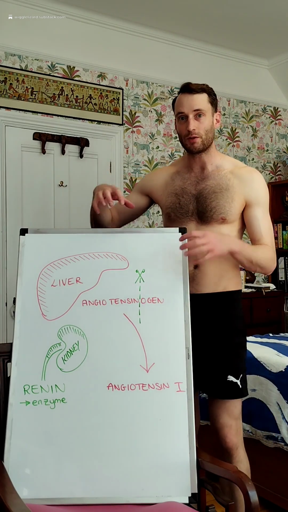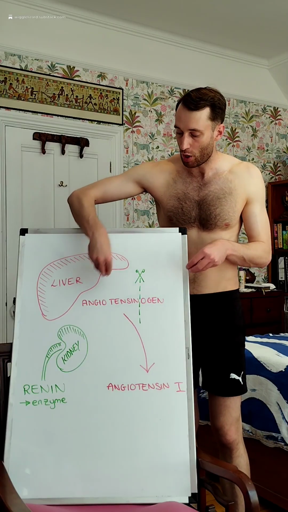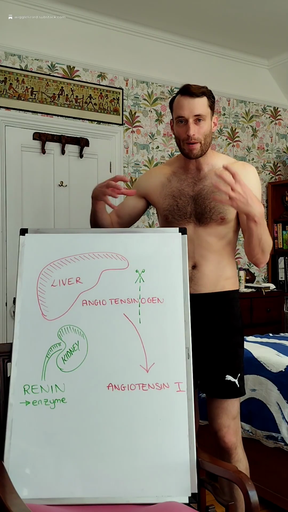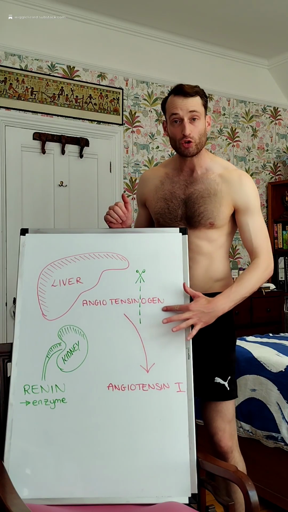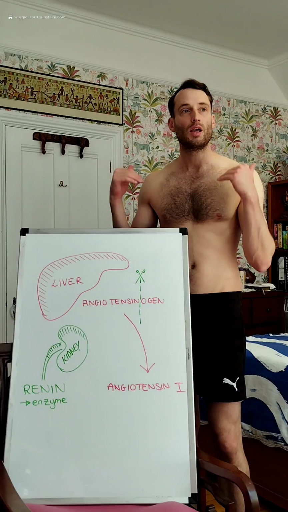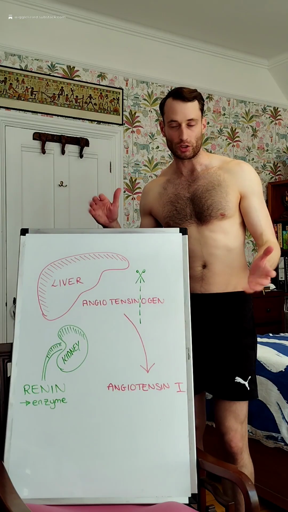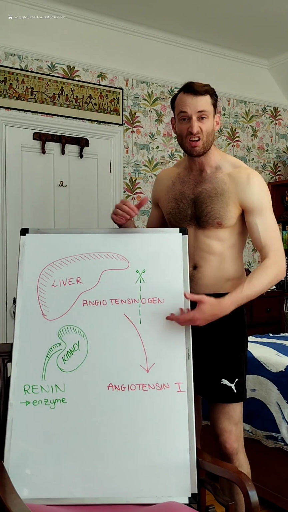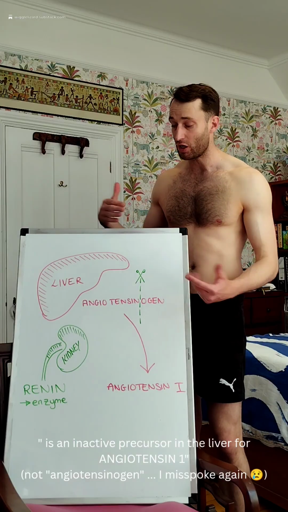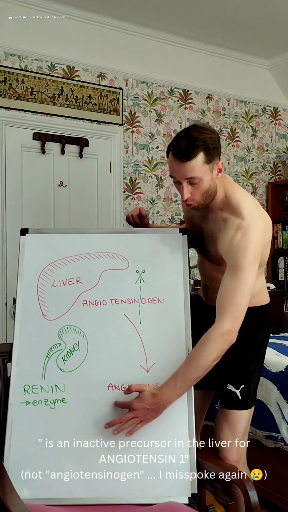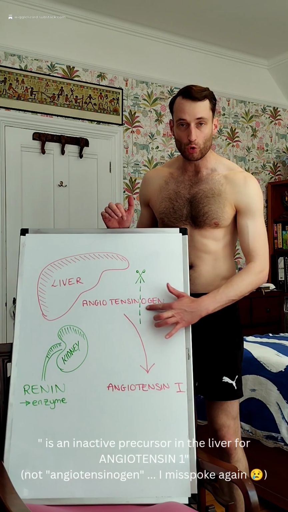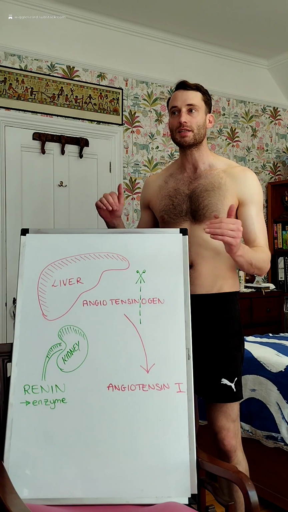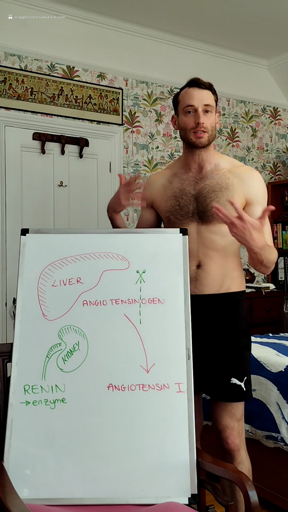What I find helpful is to break a word down into its component parts, so you don't really have to remember it, you just have to translate it. O-gen just means inactive, a precursor. So angiotensinogen is an inactive precursor in the liver for angiotensin. Anytime you see the suffix ogen, think inactive precursor substance.